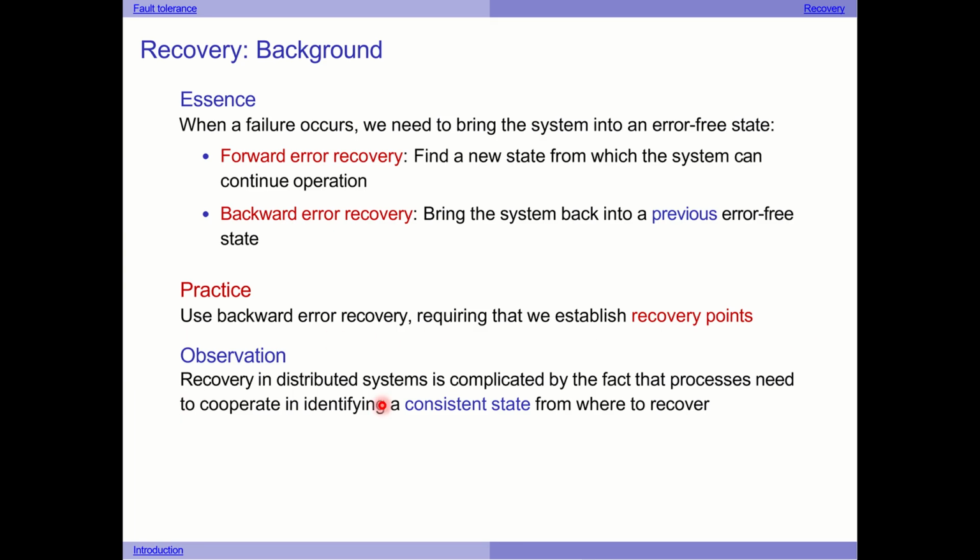Recovery in a distributed system is complicated by the fact that processes need to cooperate in identifying a consistent state from where to recover. When I talk about Microsoft Word or Microsoft Excel, we are talking about a single software used by a single user, so the recovery process is easier.